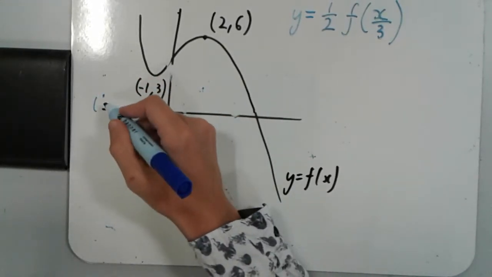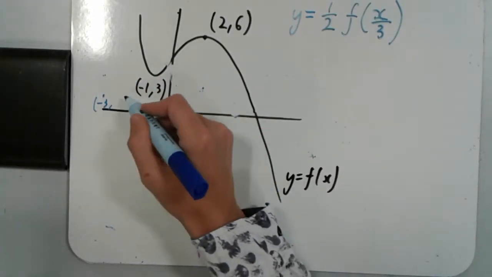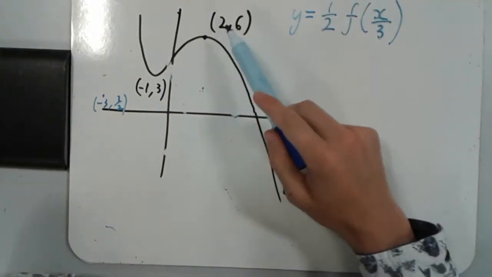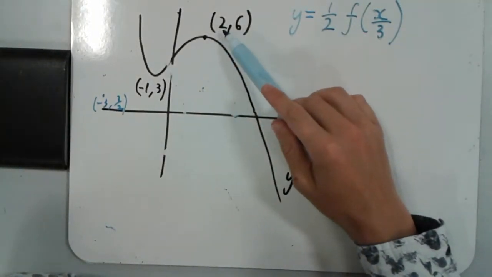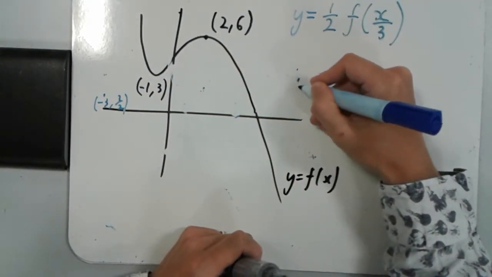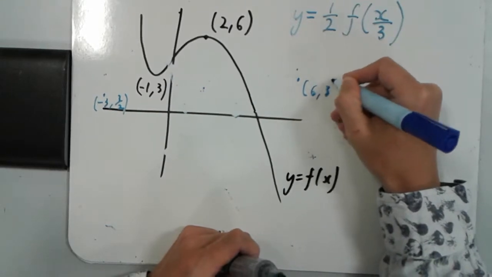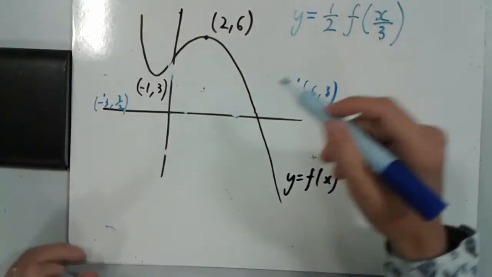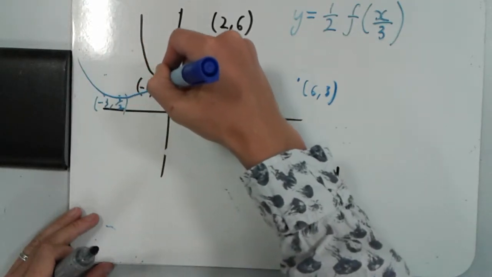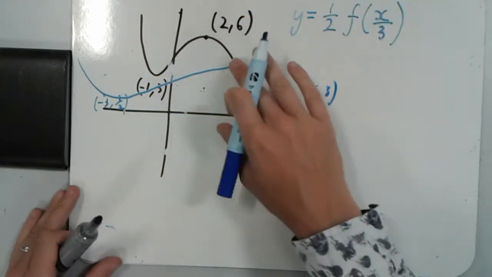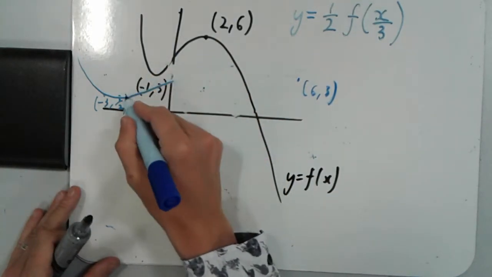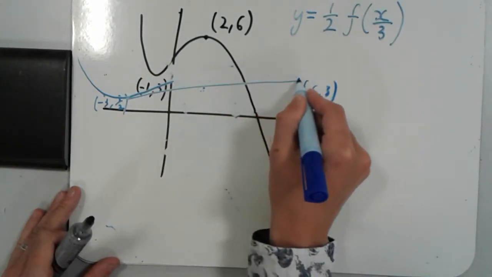So that's going to go to minus 3, 3 over 2. This turning point will go to 6, 3. Again, basic shape doesn't change. Something like this. Sorry, I've struggled to stretch it out enough.